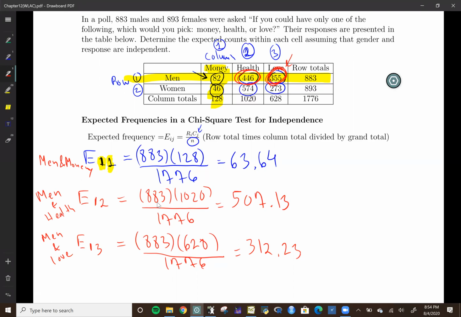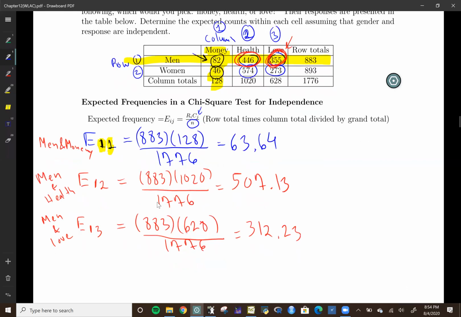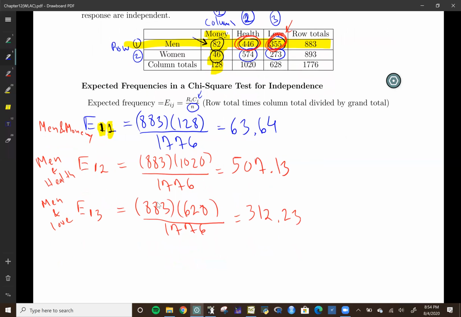Perfect. All right, because we already found the expected value for all 3 of the top, what's left is to find the expected value for the bottom. So now we're going to do this for the women. For the women, which row are they in? They're in the second row. So right here you put 2, because they're in the second row.